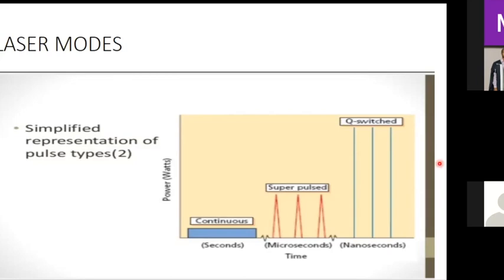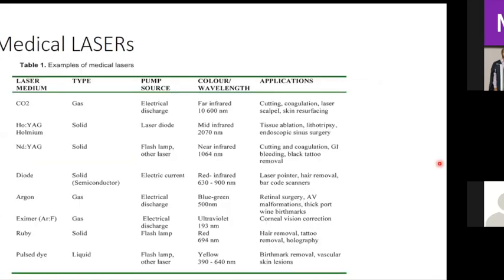And now, the different types of lasers and their uses. We spoke about the carbon dioxide laser, whose laser medium is gas. The source of energy is electrical, and it has a long wavelength.